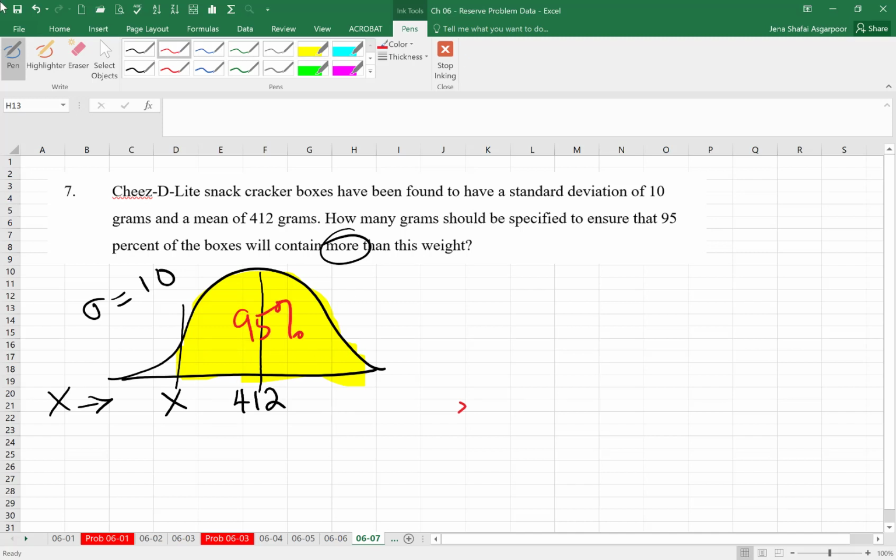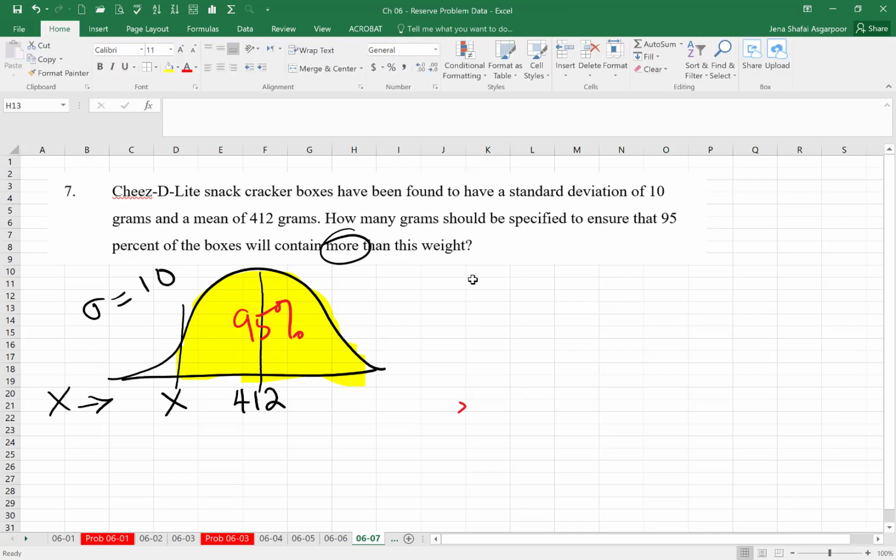So what are we looking for? Oh, we're looking for the x variable, or this value right here.